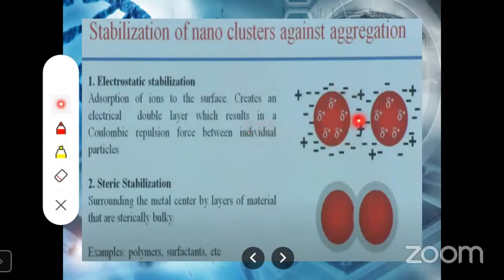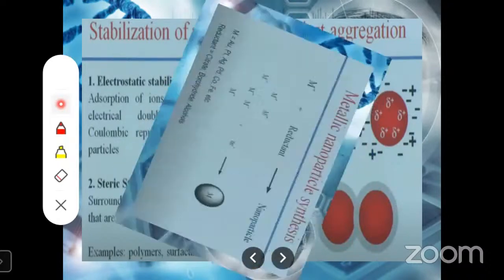Likewise, steric stabilization shields the metallic center by repulsion, using bulky products, for example polymers and surfactants, etc.